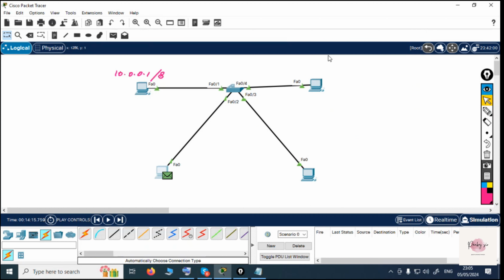Because it wants to check if any other device is configured with the same IP that this device has been configured with. Getting my point or not? So now let's see what happens. One PC will reply with its MAC address.